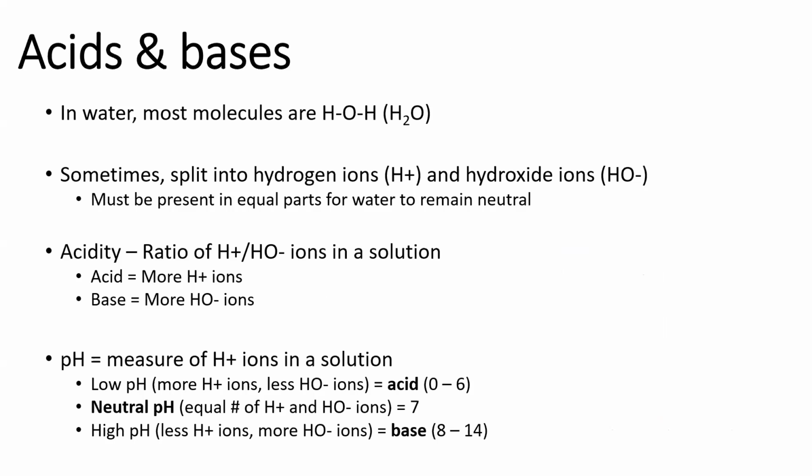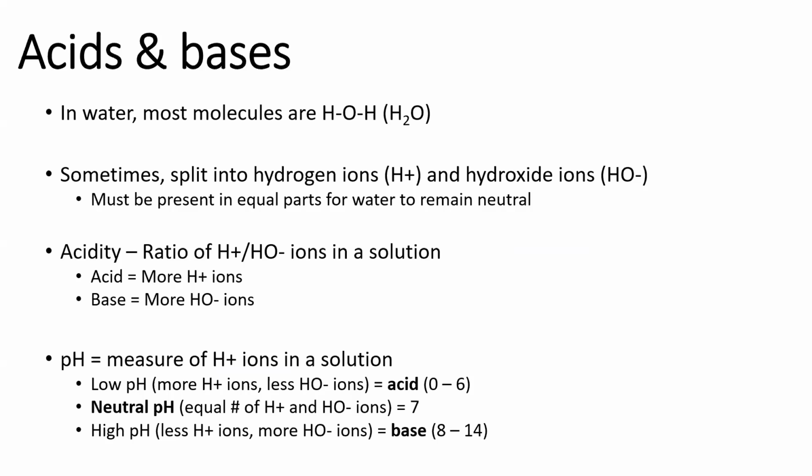Okay, final topic I want to talk about in terms of water: acids and bases. In water, most molecules are H2O. You can split them into hydrogen ions and hydroxide ions, and that is what's going to result in acidity or alkalinity, basically the creation of the pH scale. pH is a measure of hydrogen ions in a solution.